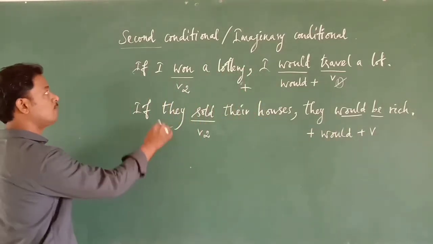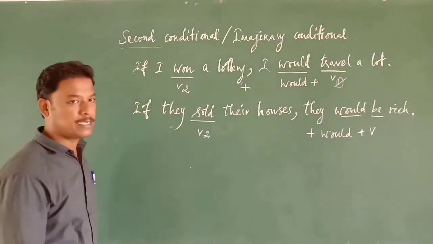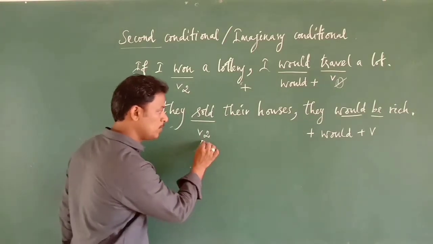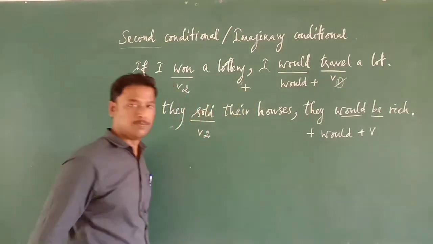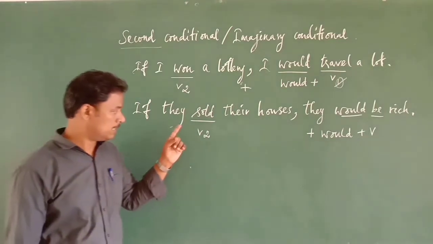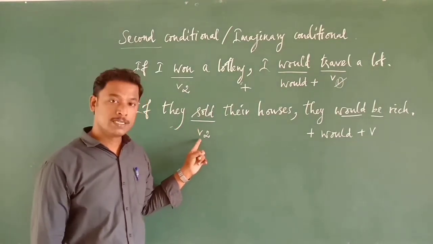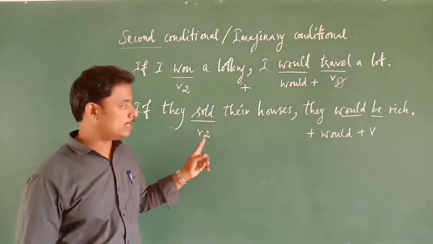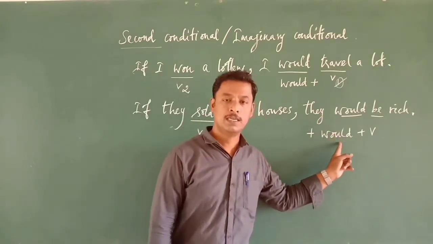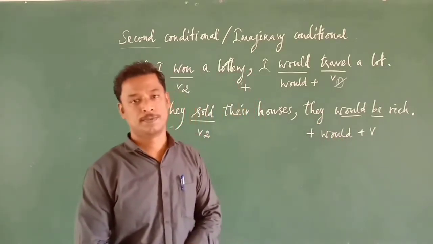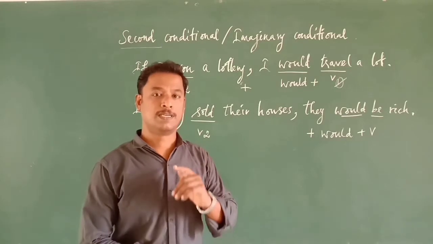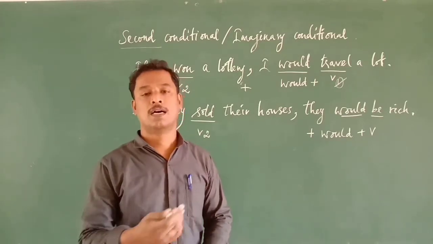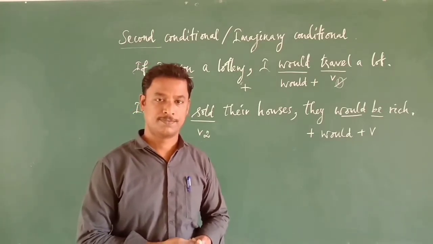So the pattern of second conditional or imaginary conditional is verb 2 plus would plus verb. The condition should be written in simple past and the result should be written in would plus verb 1. Okay, right. So let me take you to the last conditional class.